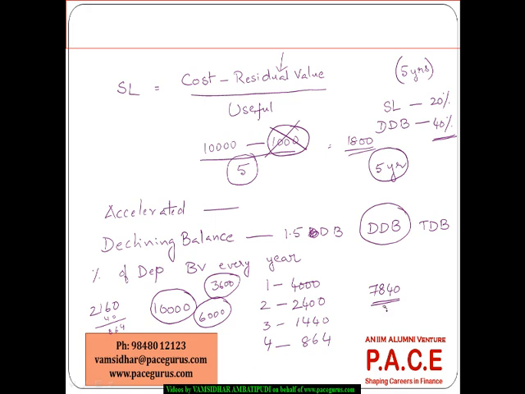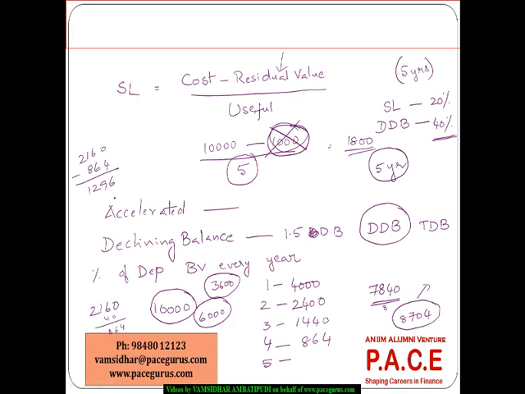So taking it to 8,704 that has been depreciated till then. So this process continues until the residual value is reached. So in the next year, whatever is left, it is 2,160 minus 864 is the book value that is present.